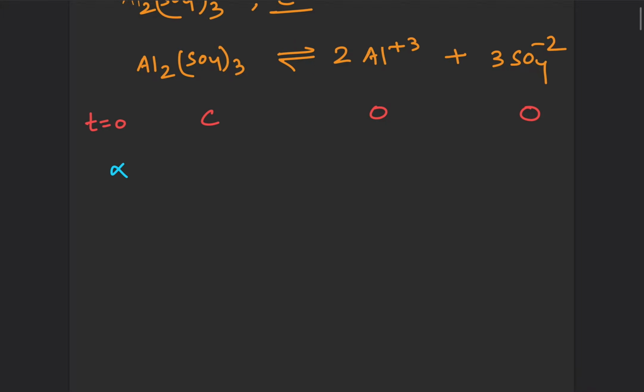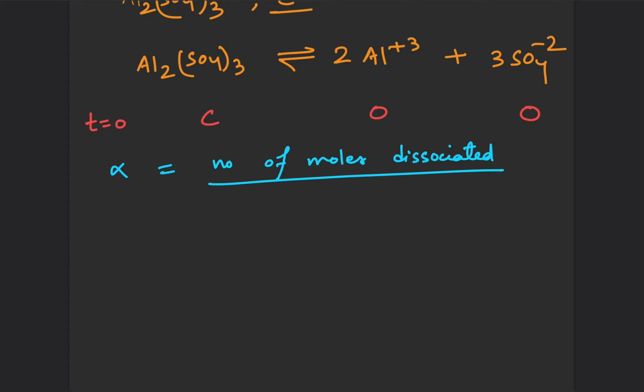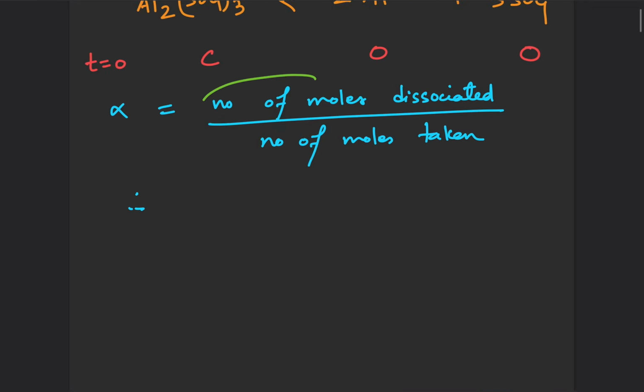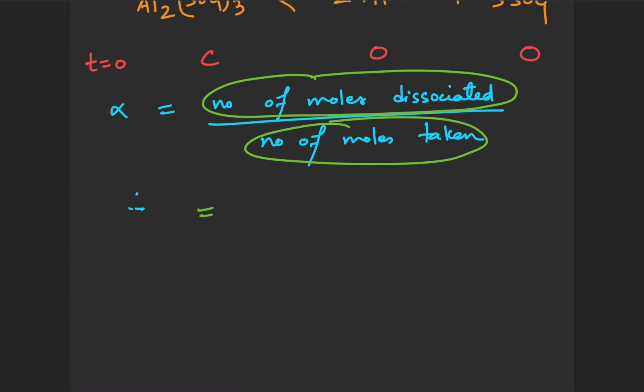Okay, we know that degree of dissociation alpha is equal to number of moles dissociated divided by number of moles taken. Okay, so therefore, the number of moles that we have taken is C, so the number of moles dissociated is going to be C into alpha.